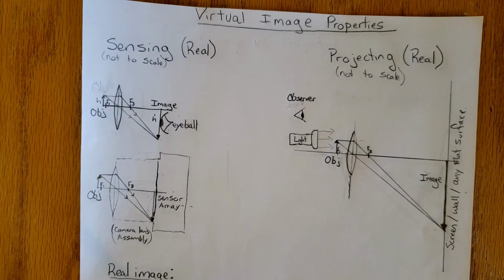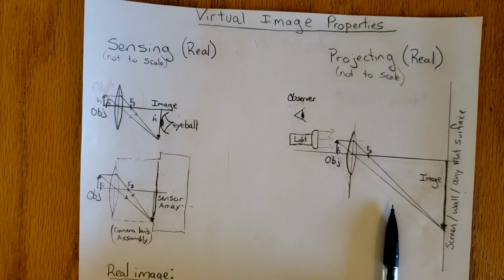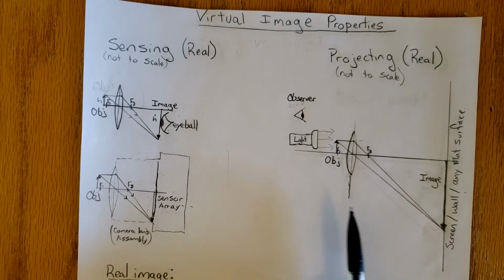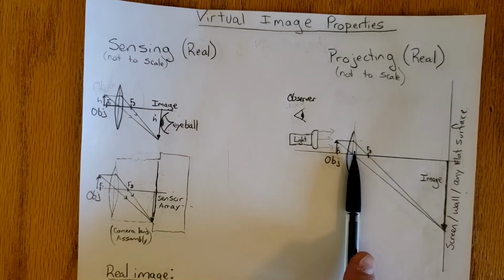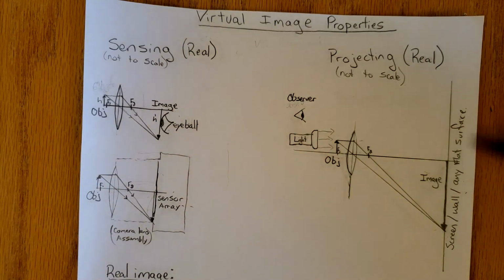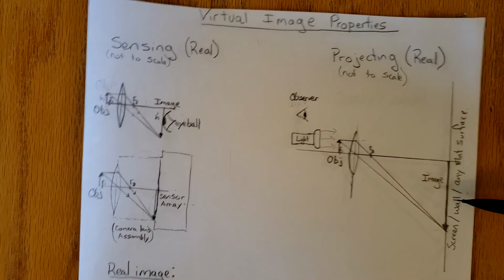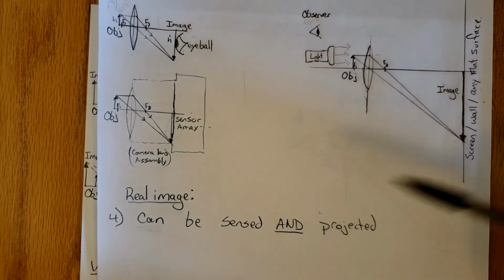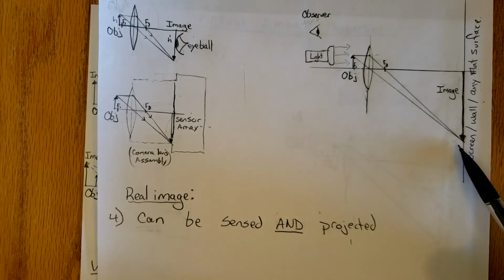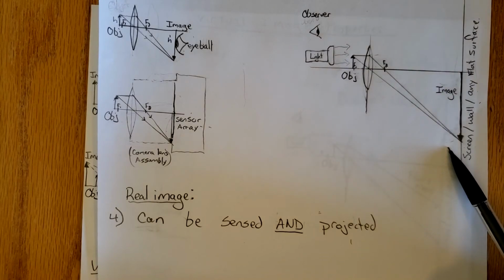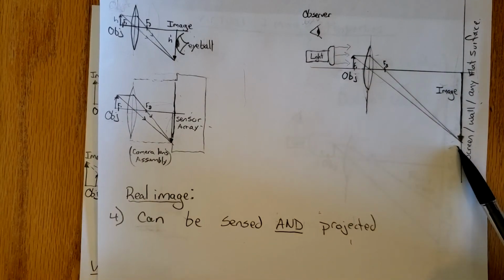Another way to image the object is to project it. You need to be able to shine a light through a semi-transparent object and then place a screen, wall, or any other flat surface at the image plane. So a real image can be both sensed and projected. But projection requires that the rays converge again on the back side of the lens.